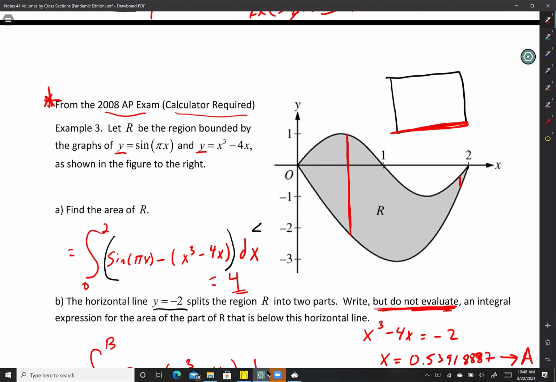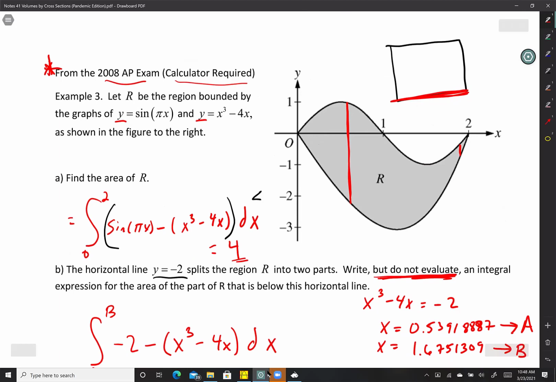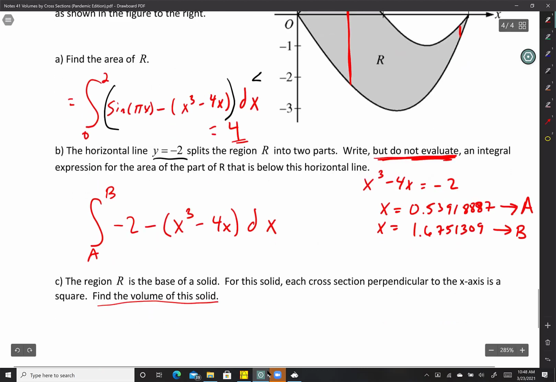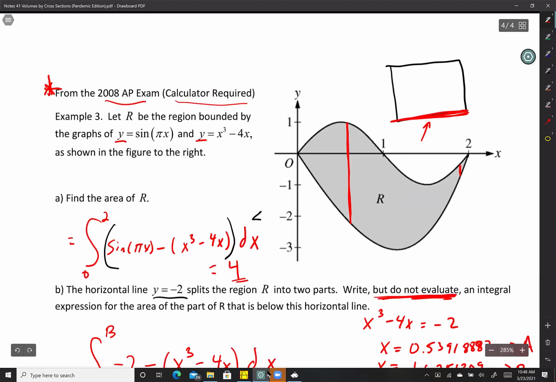How do I find area of a square? Yeah, S squared. So how do I figure out the length of this side? Just what minus what? How do I figure out the length of this side, guys? This is an expression. Yeah, just the top minus bottom. That's it. And I square that. Does that make sense? That's all I'm doing, guys. Top minus bottom. The top curve is sine pi x. The bottom curve is x cubed minus 4x, and I square that.